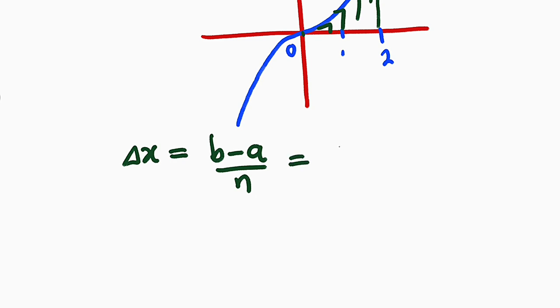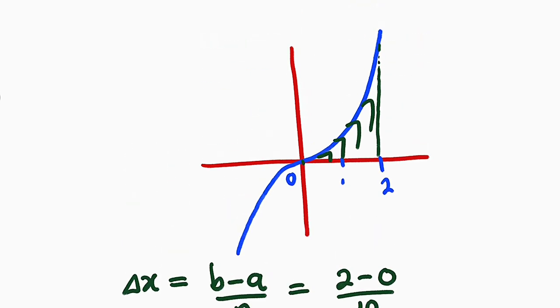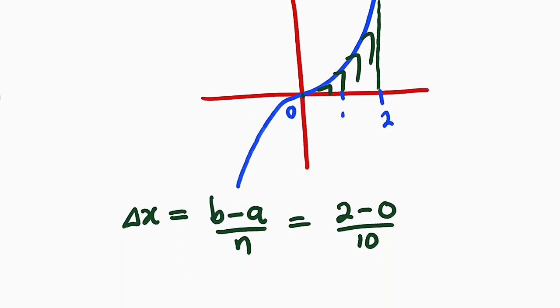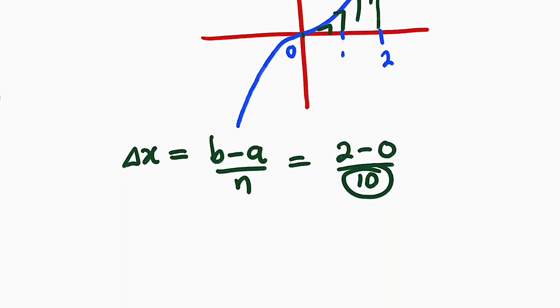So this is equal to 2 minus 0 divided by 10, because we are having the limit 0 down to 2, according to the question, and 10 stands for the number of rectangles. So 2 minus 0 is still 2, divided by 10. This will give us 1 over 5, which can also be written in decimal as 0.2. So let's use 0.2 as our base.